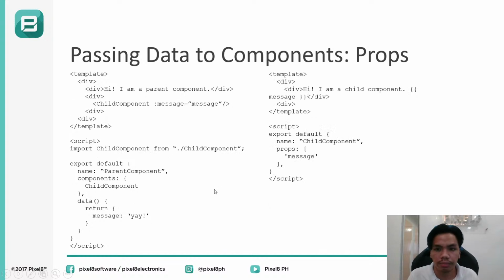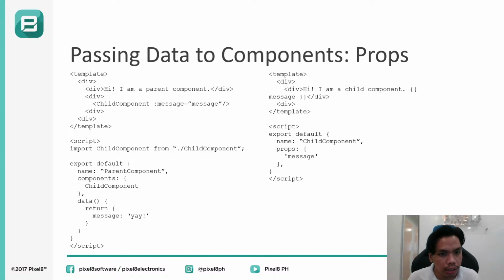Okay. You will notice that the components object on the left side has the name child component, right? That is the component which we imported at the topmost part of the script. Next, we declared the child component as a custom element, as you can see in the template block. So there is a child component there, right?